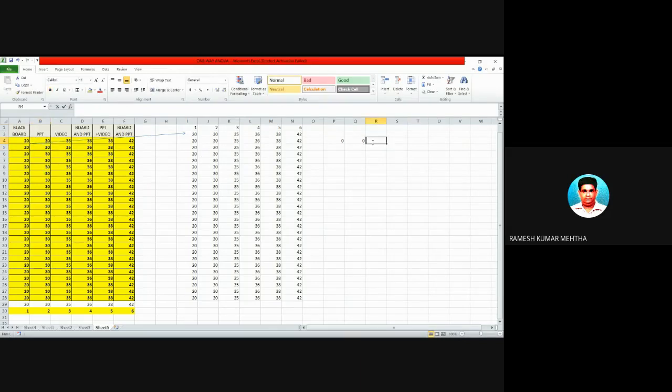Next one is equal to 35 minus 35. So you will get 0.